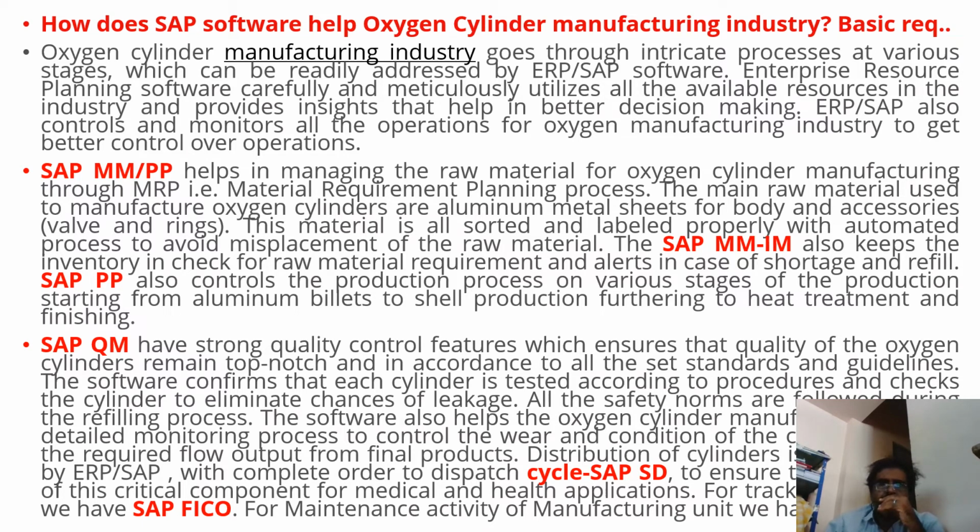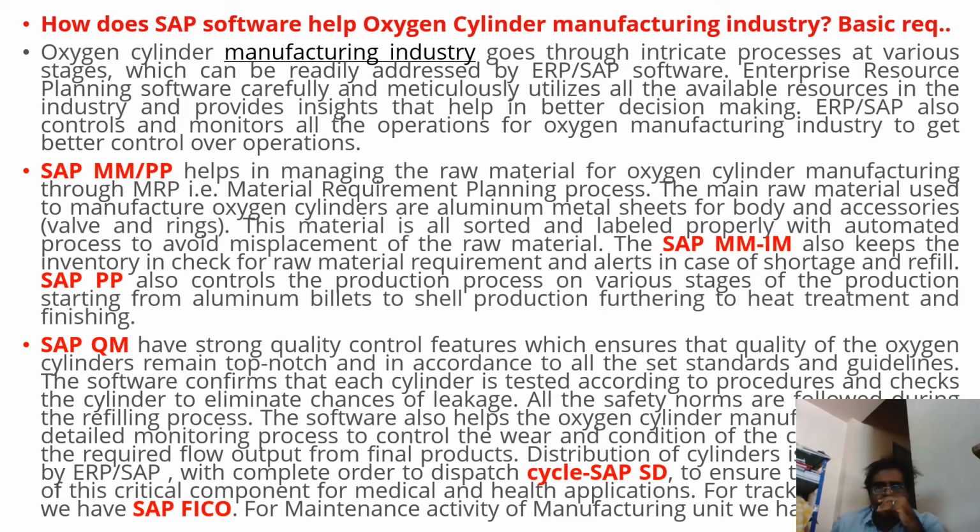Okay. So SAP materials management and production planning help in managing the raw materials for oxygen cylinder manufacturing through MRP. Therefore, the material requirement planning process is involved here. The main raw materials used to manufacture the oxygen cylinders are aluminum metal sheets for the body and accessories, that is valves and rings, everything, right?